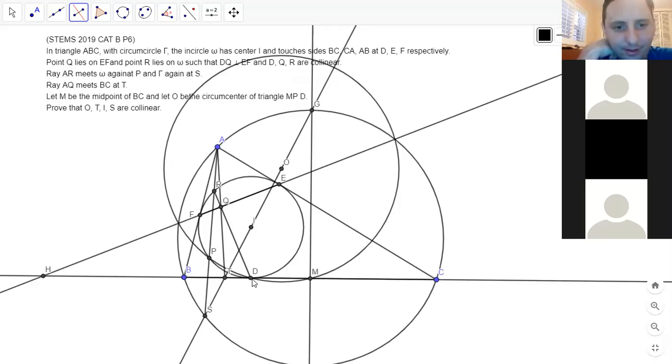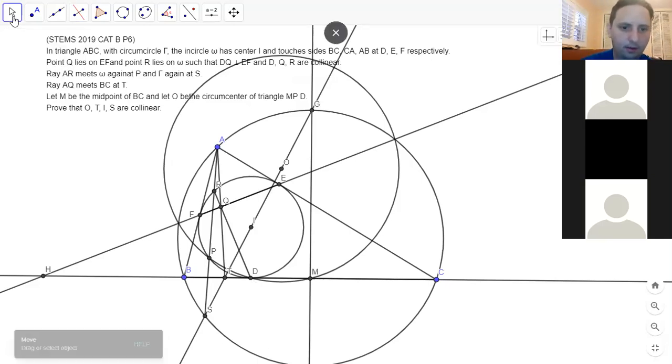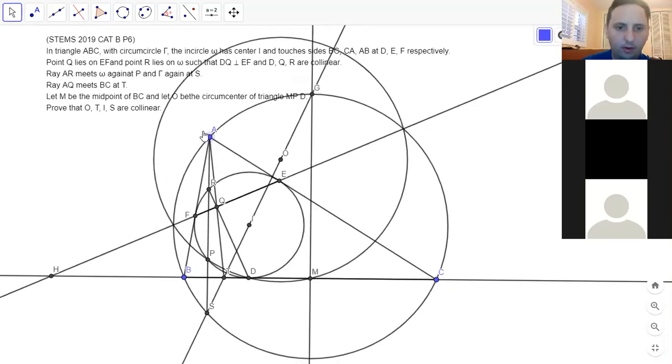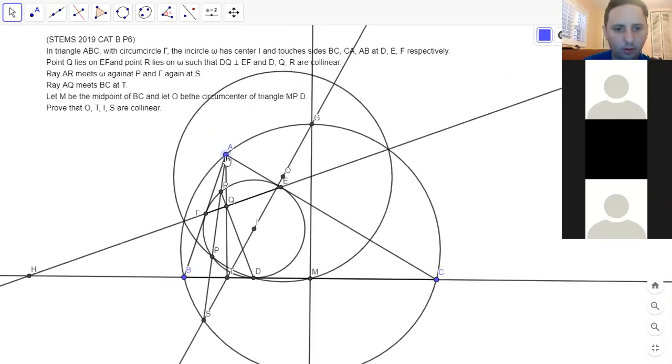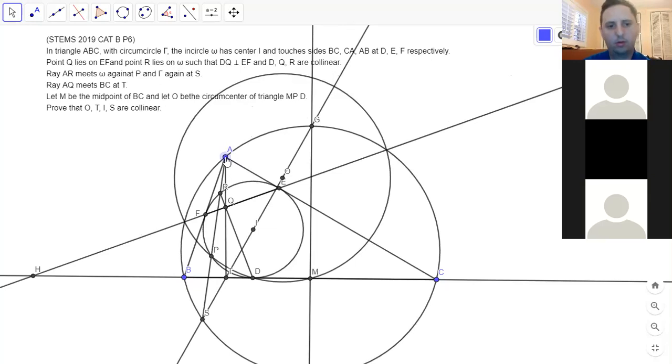So once you know that I, P and S are collinear, is it well known that TS is the perpendicular bisector of PD? I think we should prove it. We can't say it's well known, that's the whole problem.